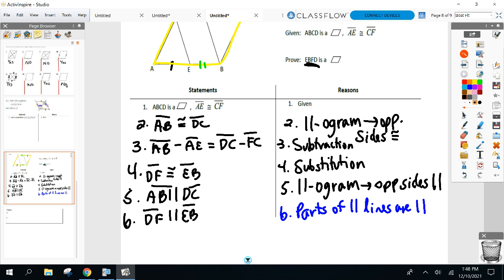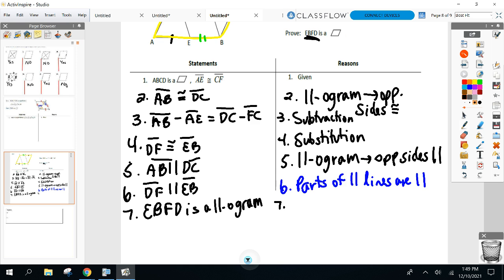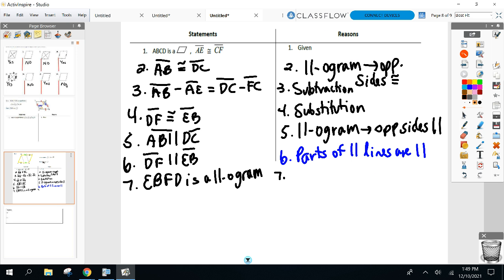And do I have a parallelogram now? Yeah, special case. EBFD. And again, if you want to use that little symbol I talked about yesterday, that's fine, but it's only for a parallelogram. I just need one of you to finish this off. What's the reason why it's a parallelogram now?